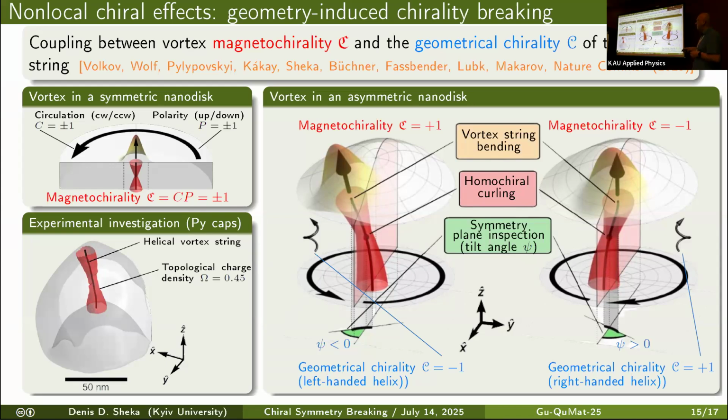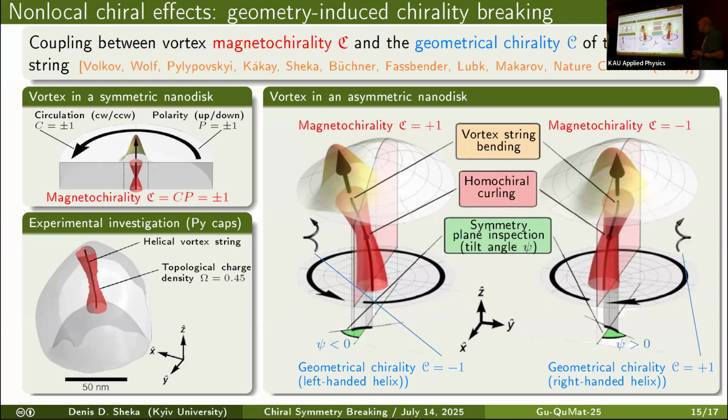When the upper surface is asymmetric and the vortex is shifted from the peak, a vortex string appears which is not a line; experiments and micromagnetic simulations show that it has the form of a helix.